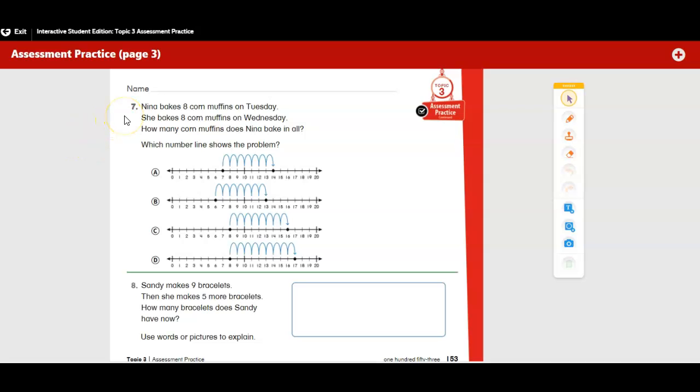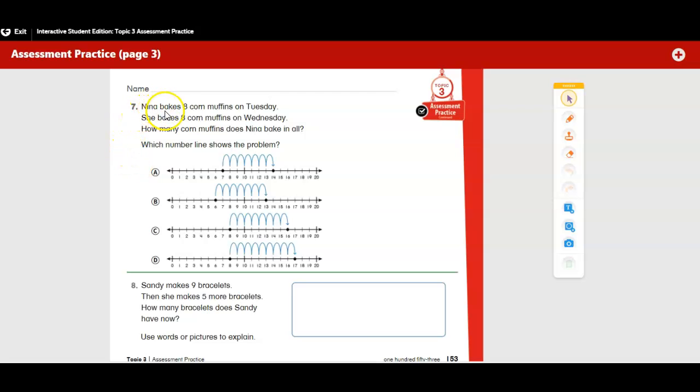Number 7 says Nina bakes 8 corn muffins on Tuesday. She bakes 8 corn muffins on Wednesday. How many corn muffins does Nina bake in all? So it wants us to choose which number line shows the problem.